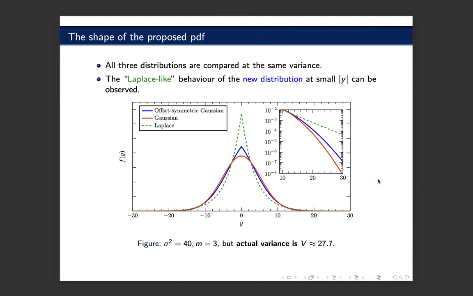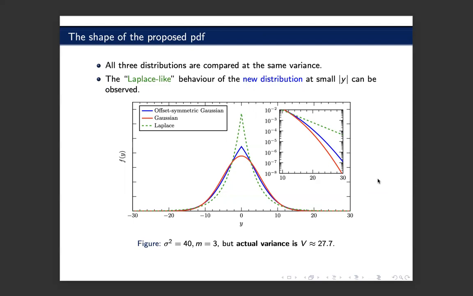I just want to point out, and I will talk about it a little bit later, these two are input parameters to the offset symmetric Gaussian. This is not its variance, and this is not its mean. It's of course a zero mean distribution because you have shifted the tails to the center, and this is only the input, but the actual variance is much smaller. So the green one is Laplace, the red one is the Gaussian, and you see that it nicely sits in between them at the beginning.